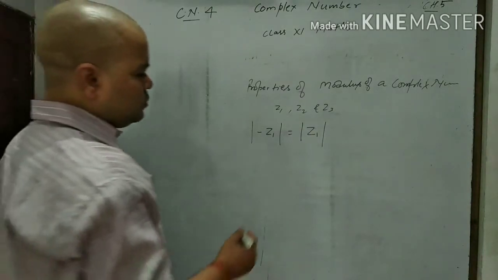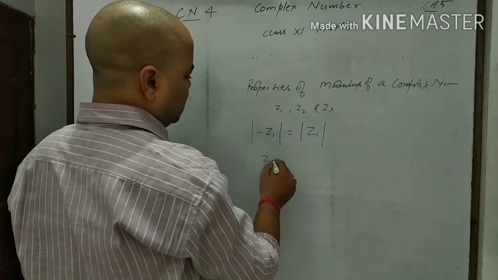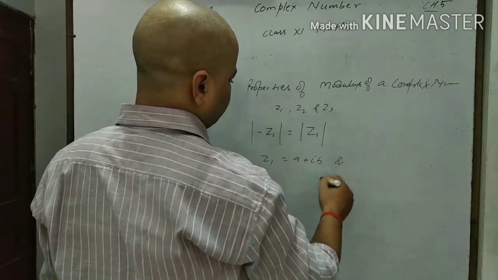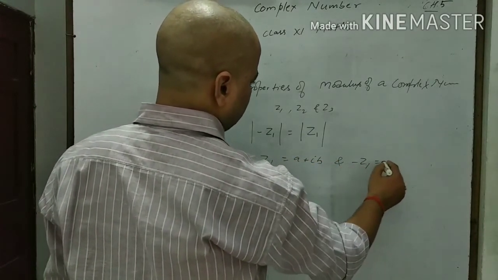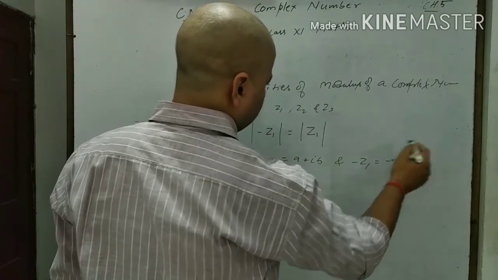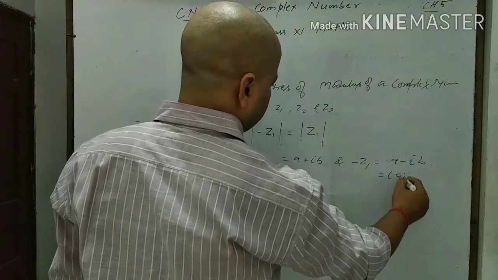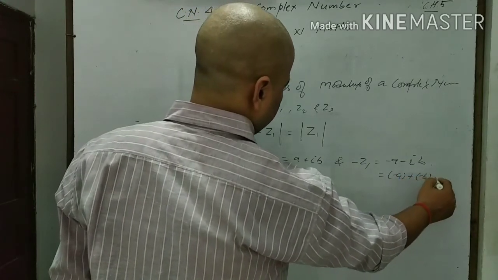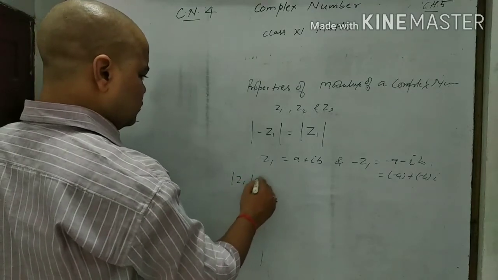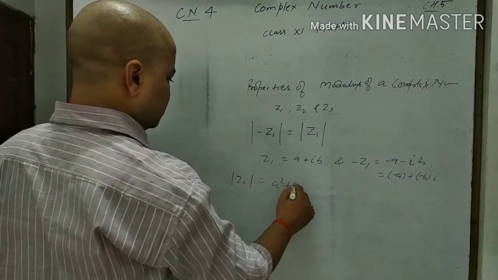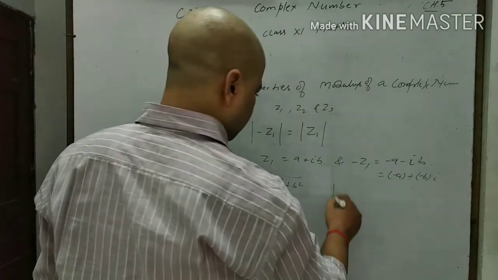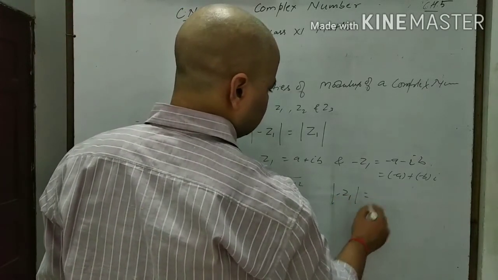We can prove it also. Just like if z1 is equal to a plus ib, and minus of z1 is what? Minus a minus ib, which can be written as minus a plus minus bi. Then the modulus of z1 we know is under root a square plus b square, and the modulus of minus z1 is what?